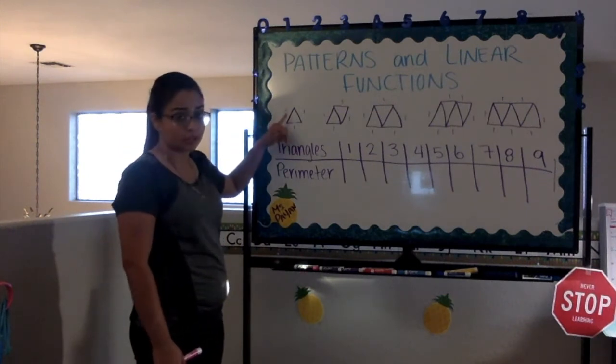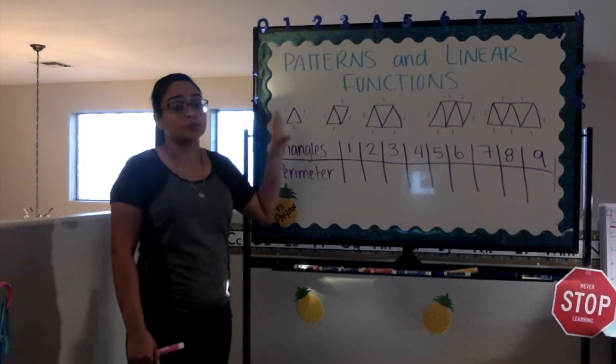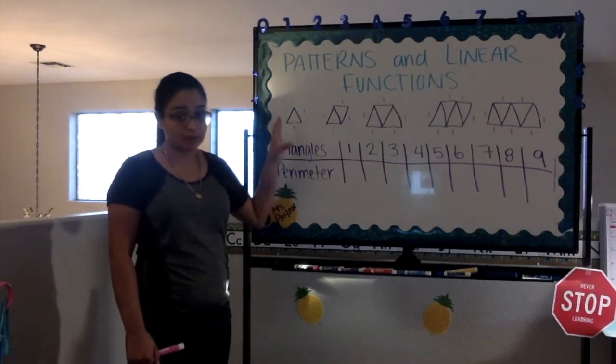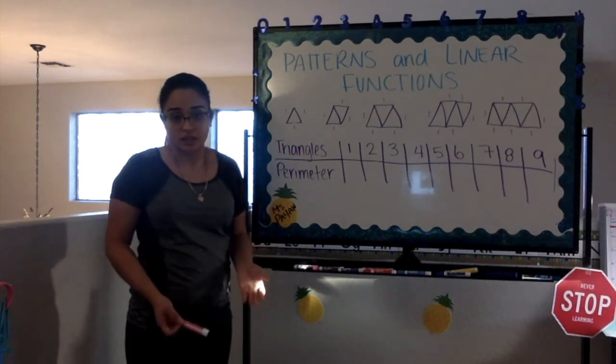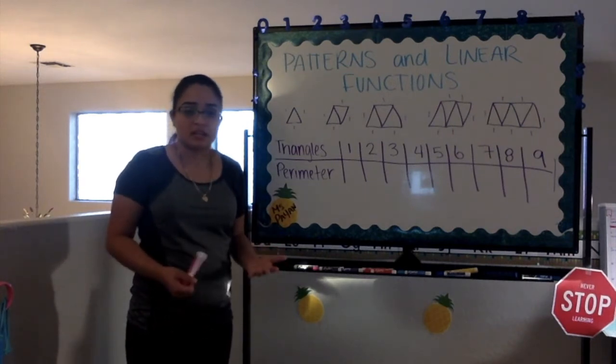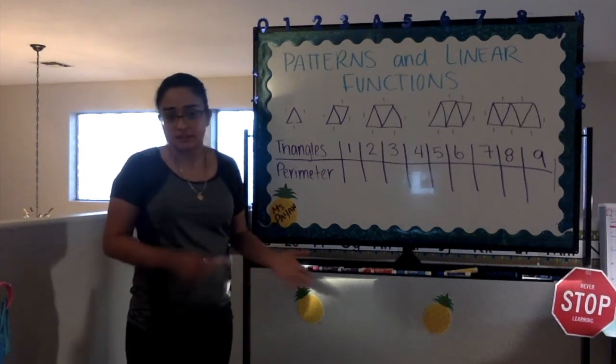The amount of triangles is going to be our independent variable because it doesn't matter how many triangles there are; it doesn't affect the outcome.